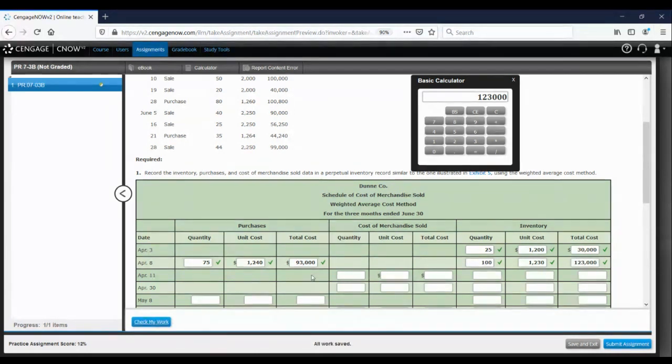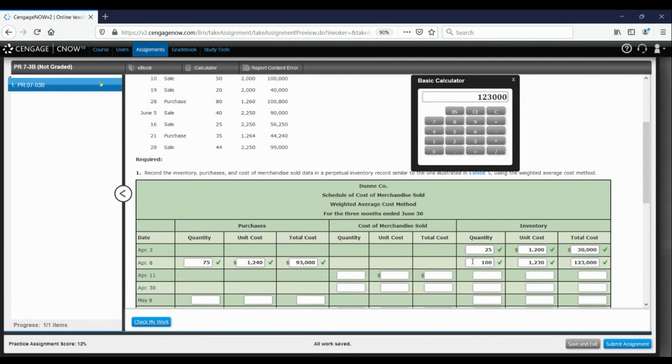So what you have to remember about the weighted average method in a perpetual system, every time you make a purchase, you're going to need to determine a new unit cost for your inventory. And that is the average cost of that inventory at this particular time. Do you understand how I've done this transaction?